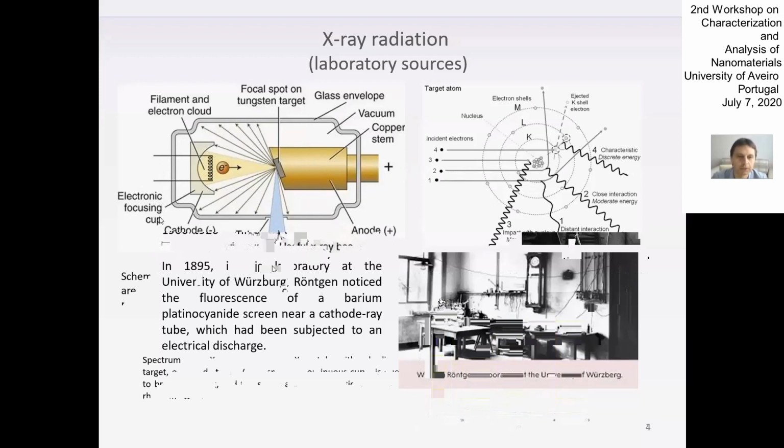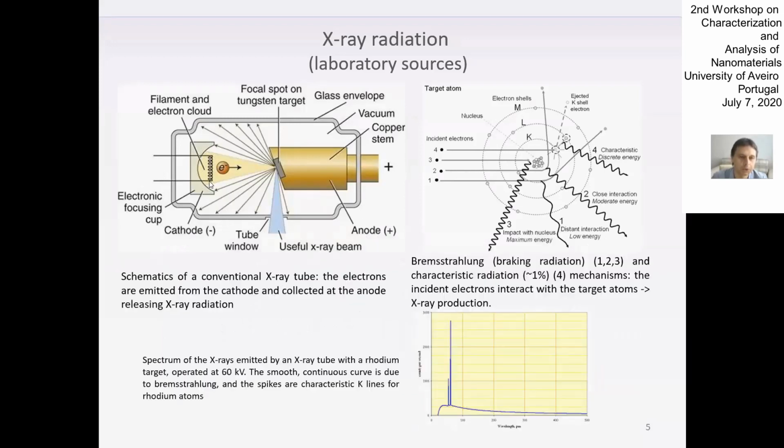The main parts are the cathode and anode electrodes, and the filament, which produces electrons because of thermal activation. The filament is heated, and the electric field accelerates these electrons, which collide with the material of the anode and produce X-rays, so electromagnetic radiation in this particular energy range.